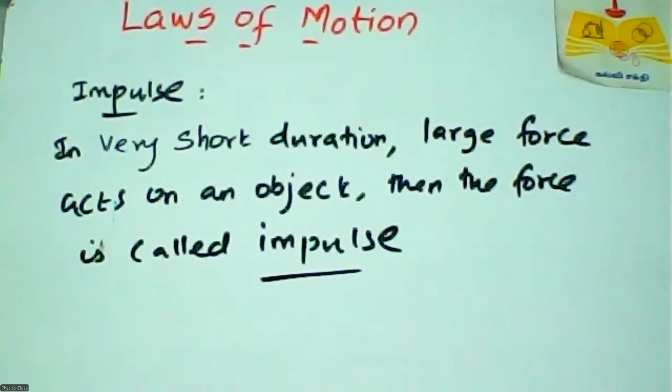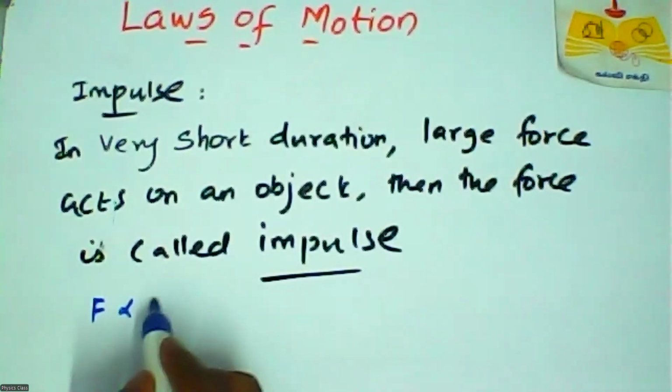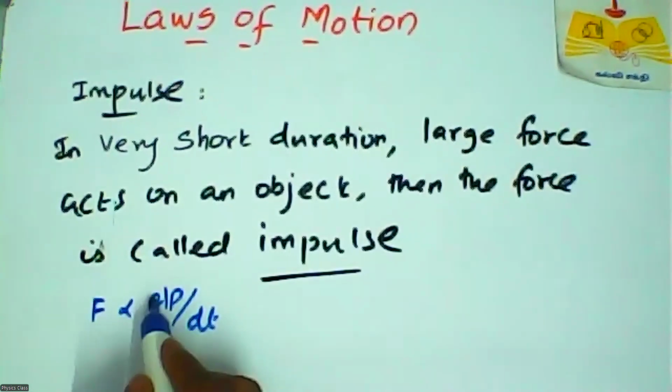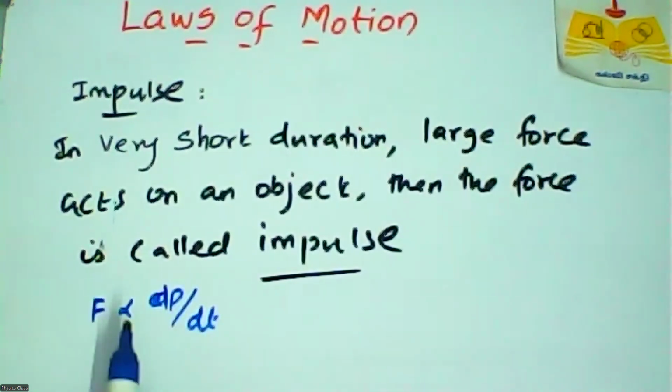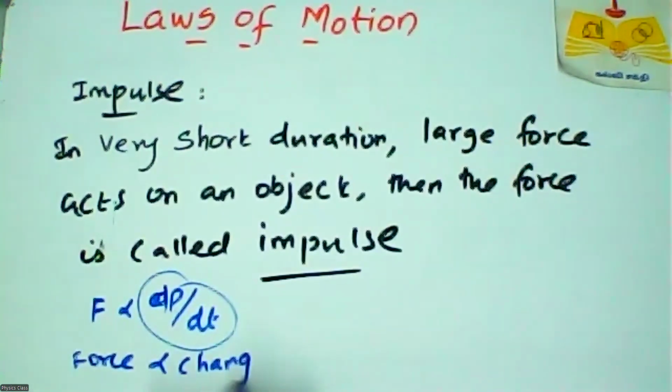From Newton's second law, we know that F is directly proportional to dp by dt, that is F equals ma. This is the second law. What does that mean? Force is directly proportional to the rate of change of momentum, where P is momentum.